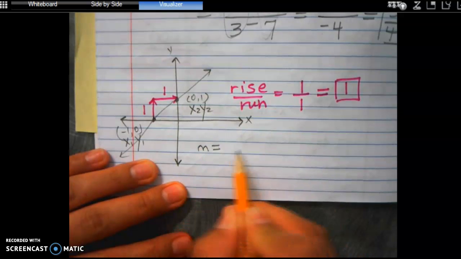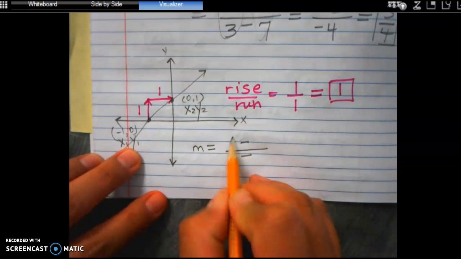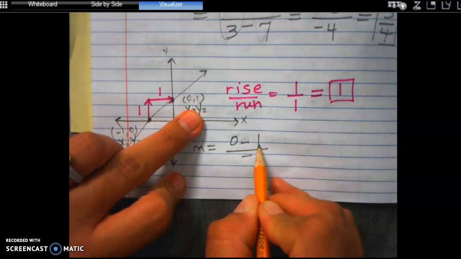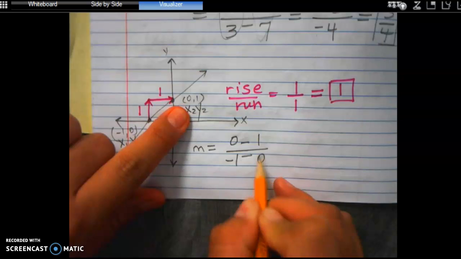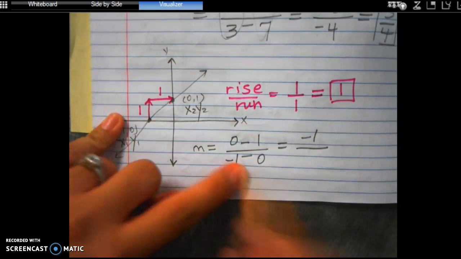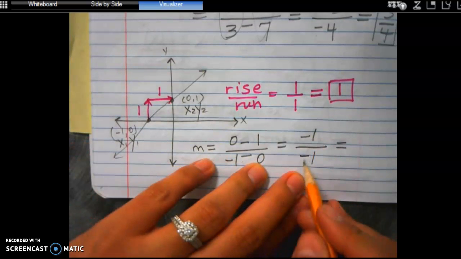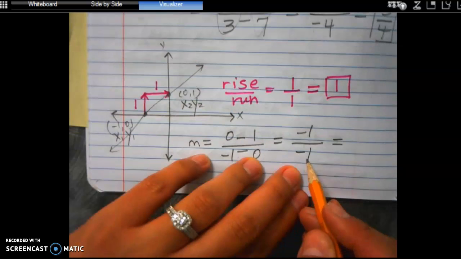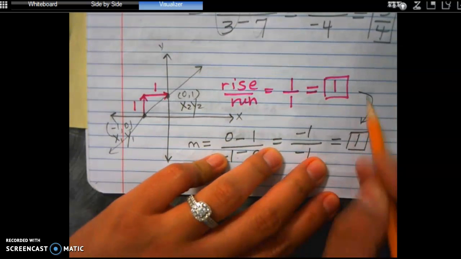Okay, we can plug them into our slope formula. y1, 0 minus 1. -1 minus 0. If I subtract along the top, I get a -1. Subtract on the bottom, I get a -1. If I divide those two, negative divided by negative is a positive 1. Our slopes are the same.